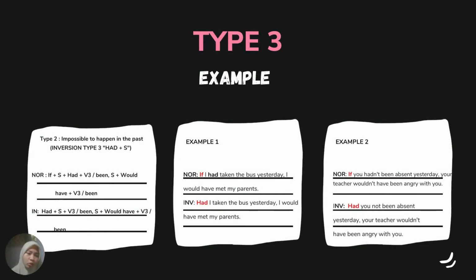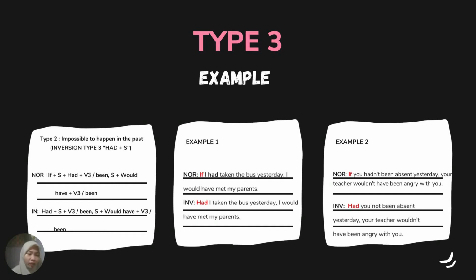And type 3. The function of type 3 is to state a sentence that is impossible to happen in the past. For the normal sentence, the formula is if plus subject plus had plus verb 3 or been, subject plus would have plus verb 3 or been.